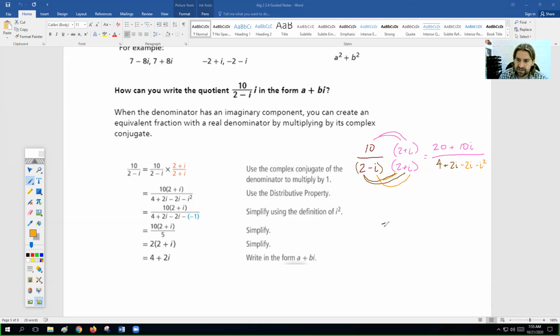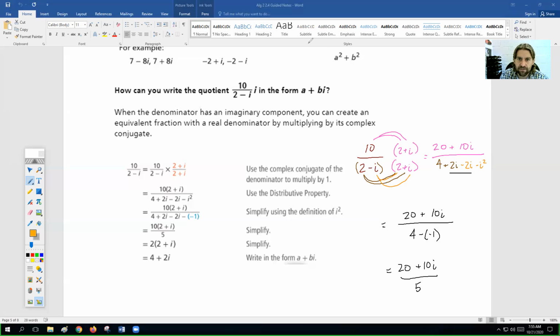Now we can rewrite this expression. 20 plus 10i, those don't go together, so it's just 20 plus 10i. On the bottom, those i's cancel out, and I get 4 minus i squared, and i squared is negative 1. So really this becomes 20 plus 10i over 5.